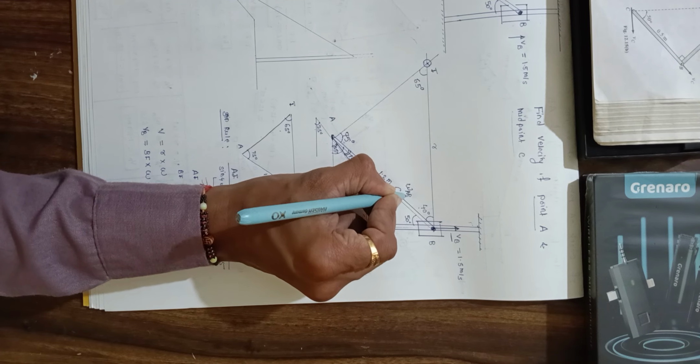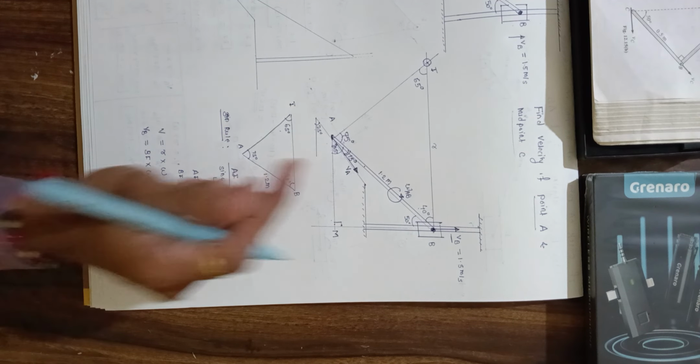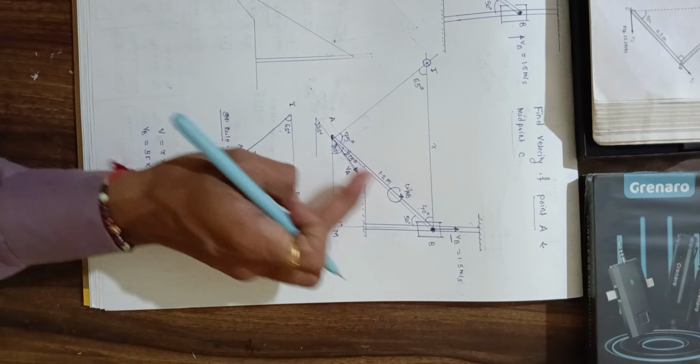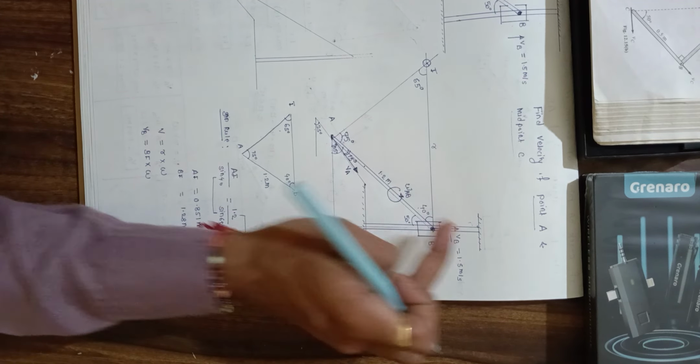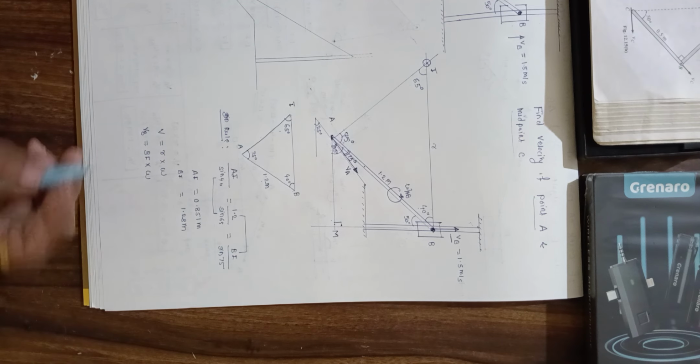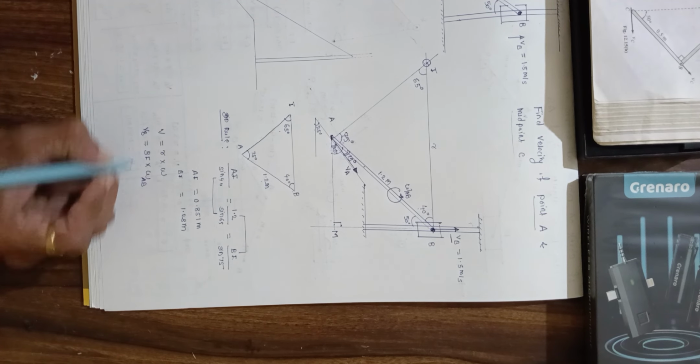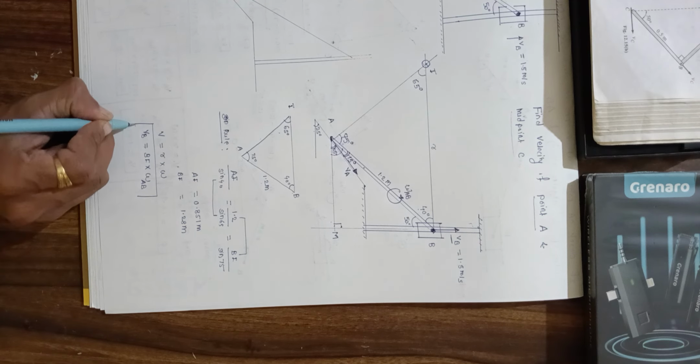That velocity is omega AB. This rod has two motions, one is angular motion and second is the translation of B and translation of A. So right here omega AB.